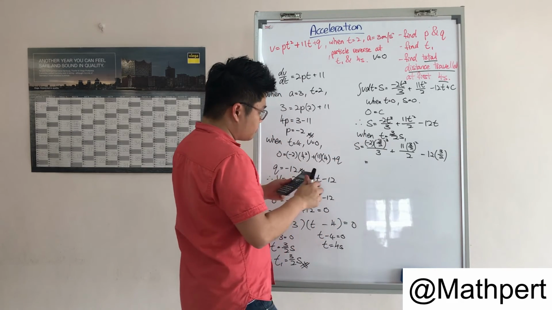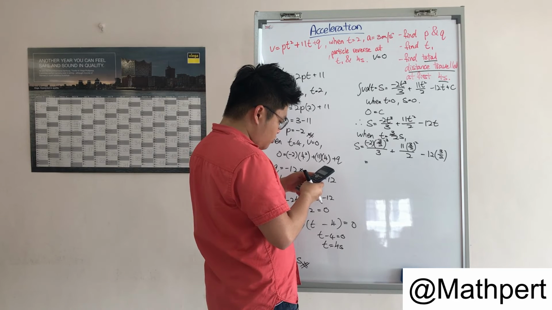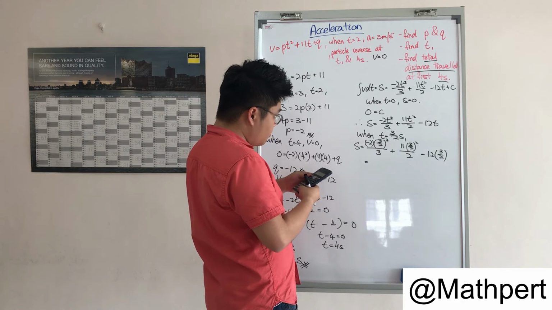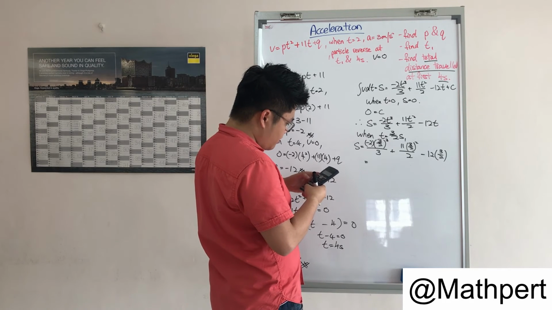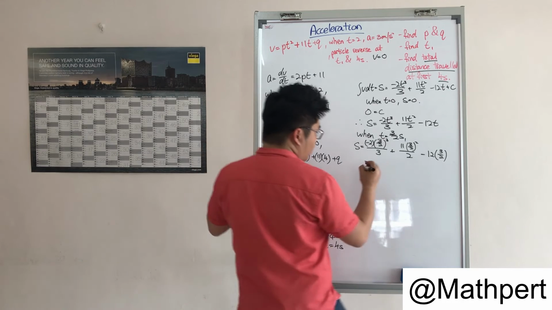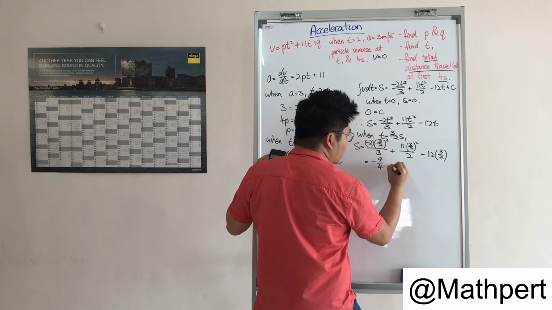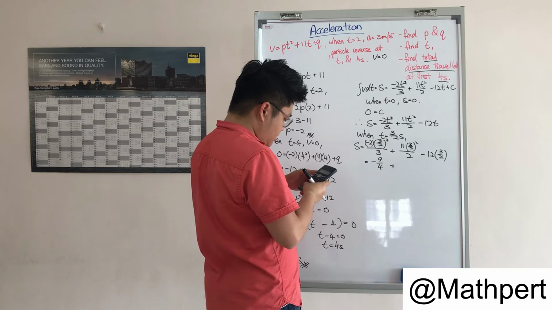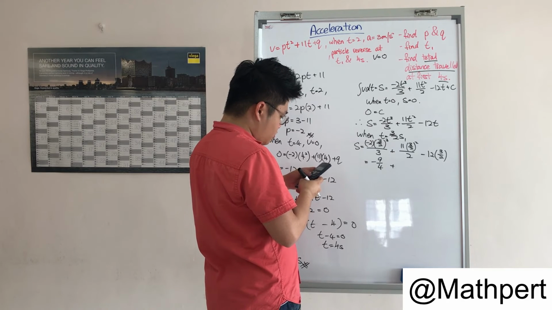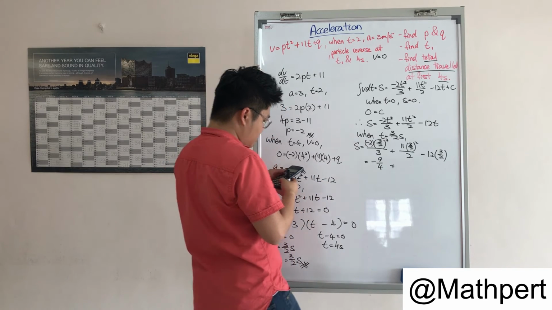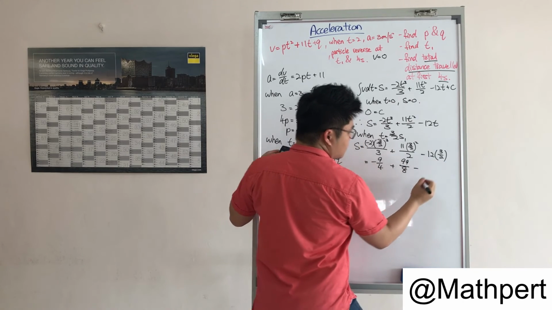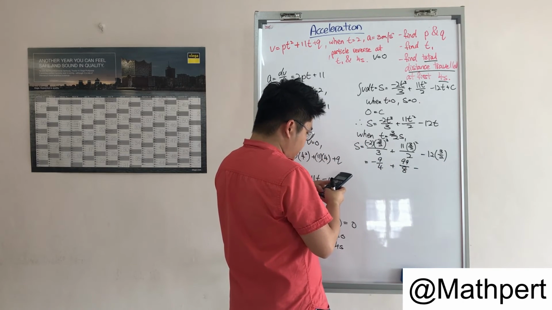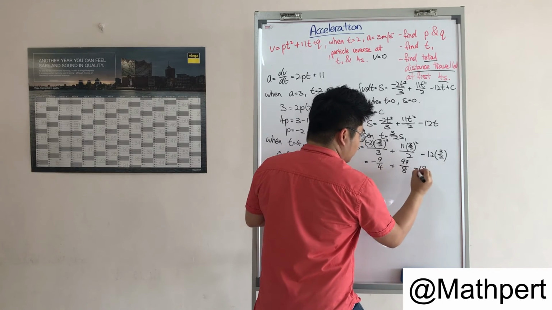How much do we get here? 3 over 2 cubed multiply negative 2 divided by 3, we get negative 9 over 4, plus 3 over 2 squared multiply 11 divided by 2, we get 99 over 8, minus 12 multiply 3 divided by 2, we get 18.